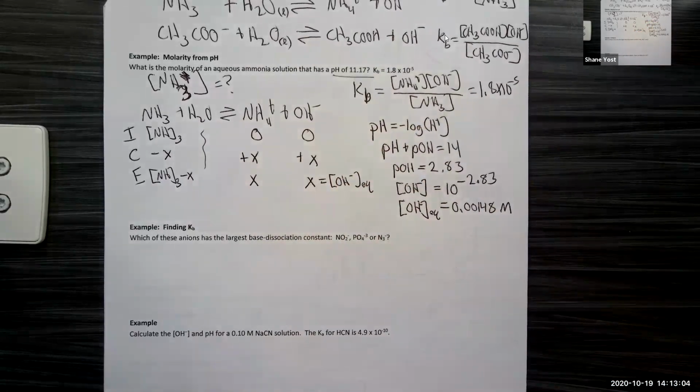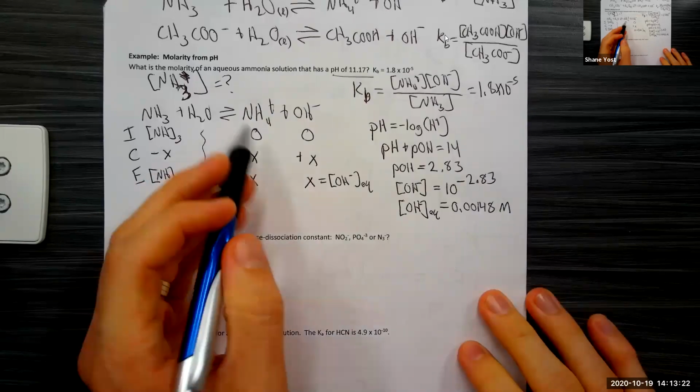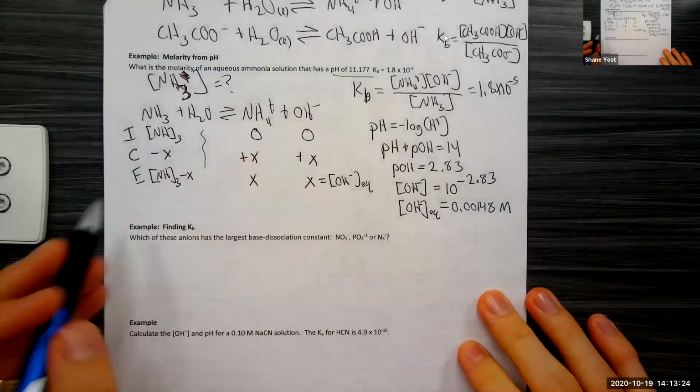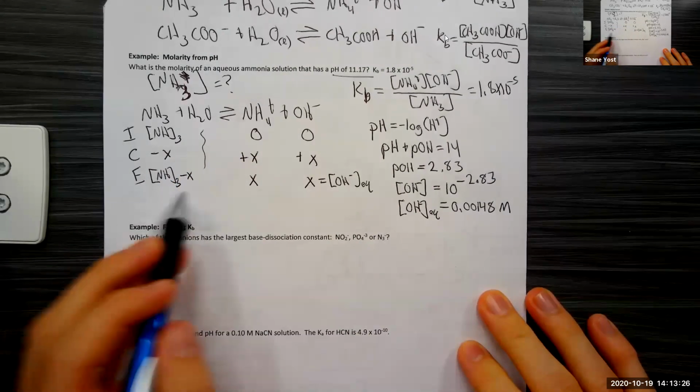Okay. Oh yeah, thank you, Jason. So that is the equilibrium concentration of OH minus, and that tells me what my change is. But that then tells me the equilibrium concentration of NH4 plus and OH minus, but doesn't tell me the equilibrium concentration of NH3.